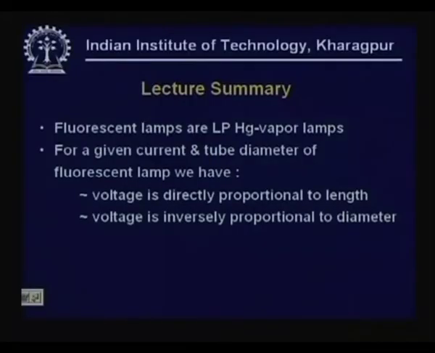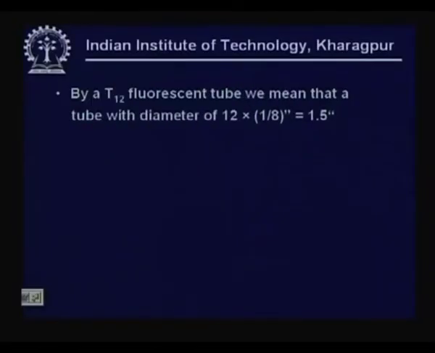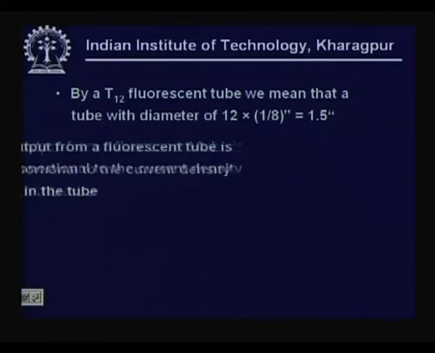It is inversely proportional to the diameter, but there is a tendency to go in for smaller diameters, and inversely proportional to the current through the discharge tube. By a T12 we mean a diameter of 1.5 inch.